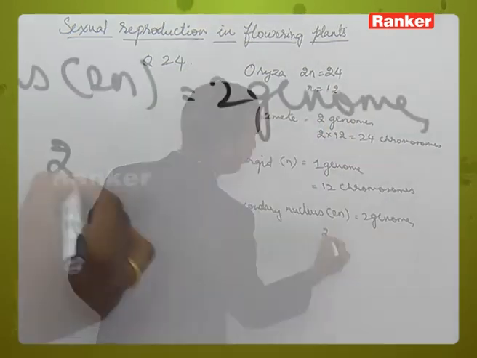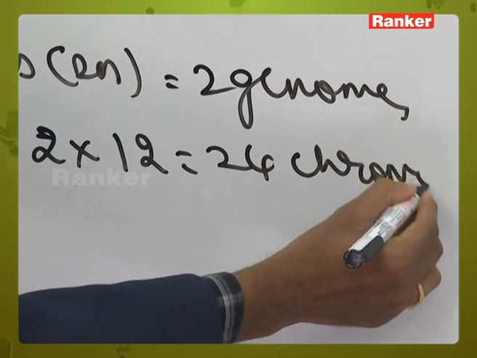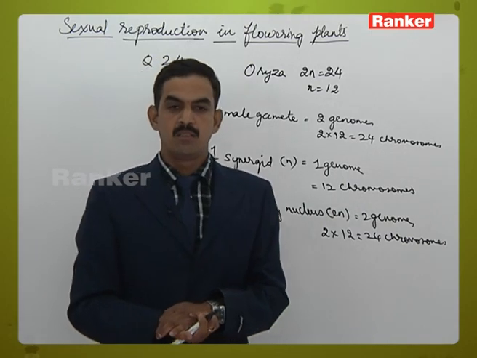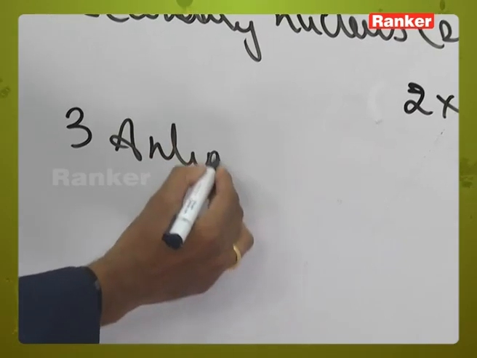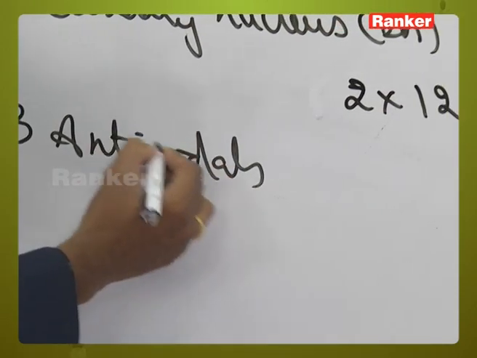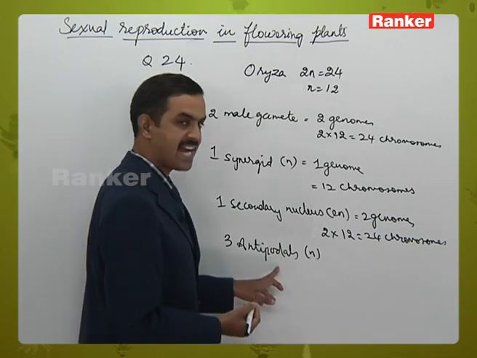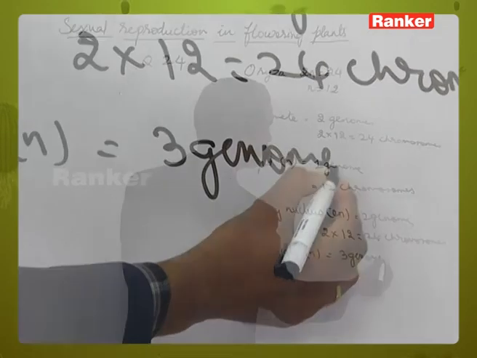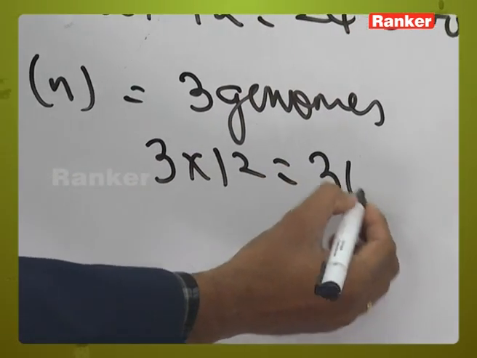So 2 into 12, 24 chromosomes are there in the secondary nucleus. Then 3 antipodals. Antipodals present inside the embryo sac are also haploid, and here they say 3 antipodals are there, so the total number of genomes in all 3 antipodals is 3. So 3 into 12 comes to 36 chromosomes.